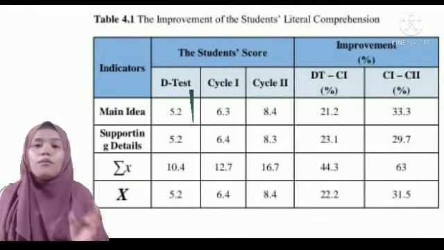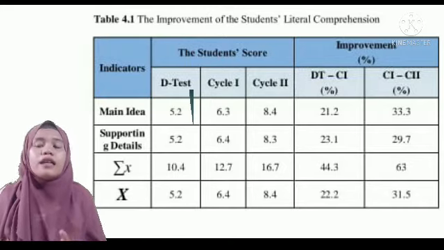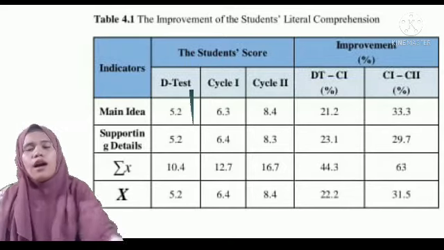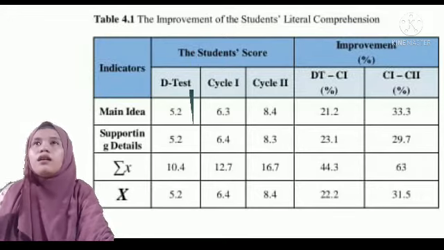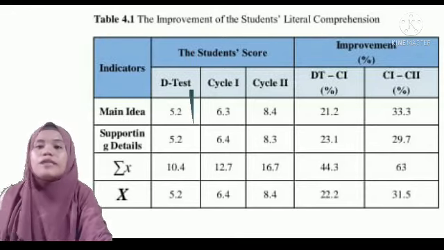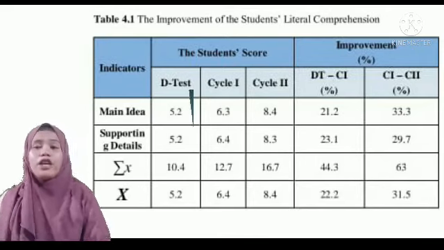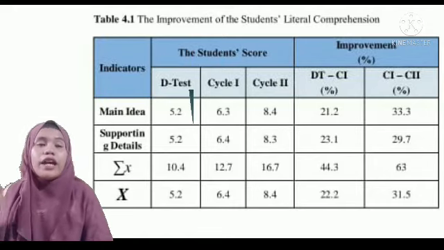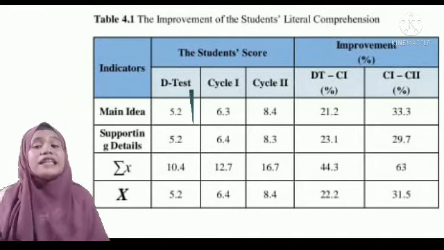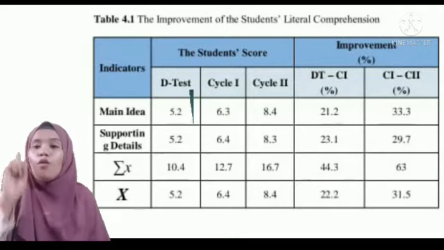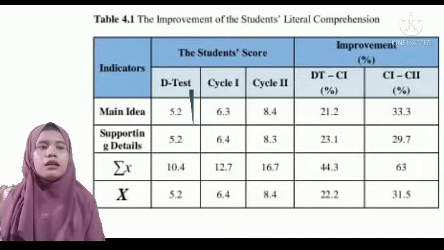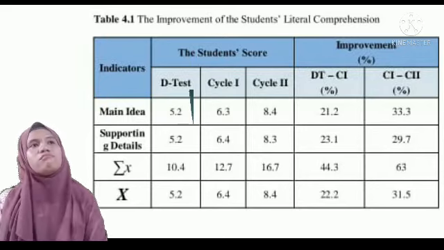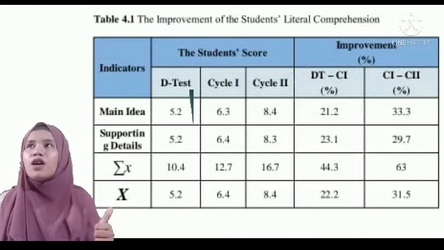The assessment of cycle 2 is greater than cycle 1, 8.4 bigger than 6.4, and it is classified as good, which means there is improvement from cycle 1 to cycle 2, greater than from the diagnostic test to cycle 1, and then 5.2 bigger than 6.4.